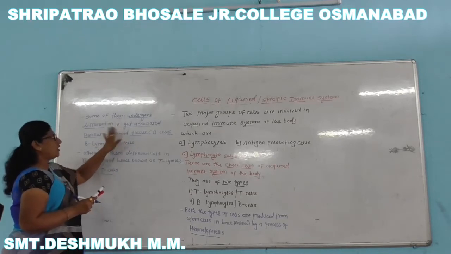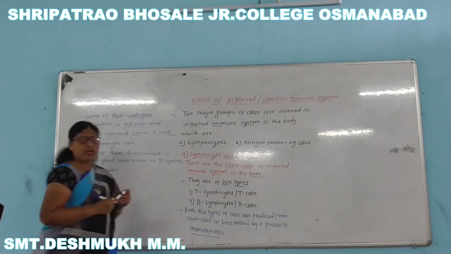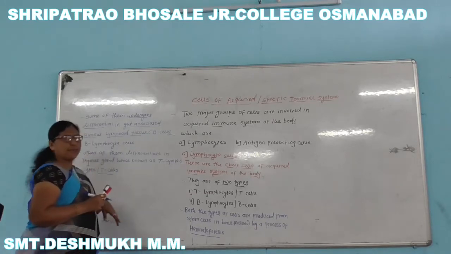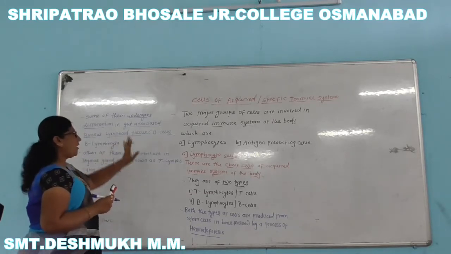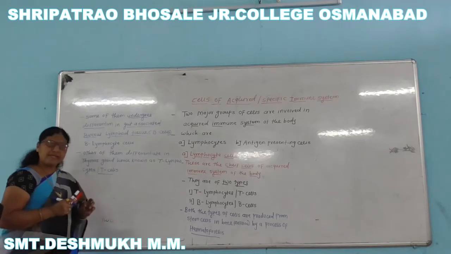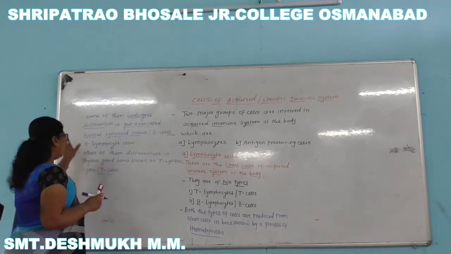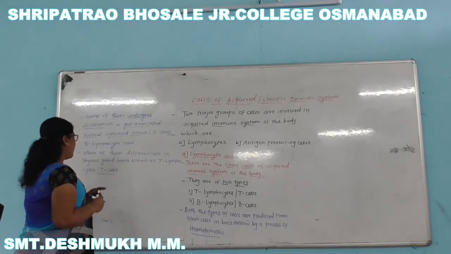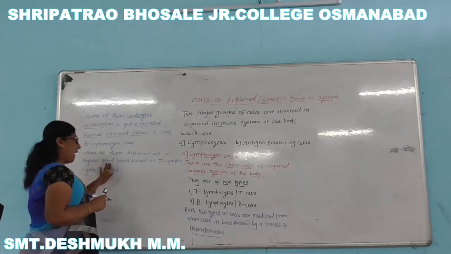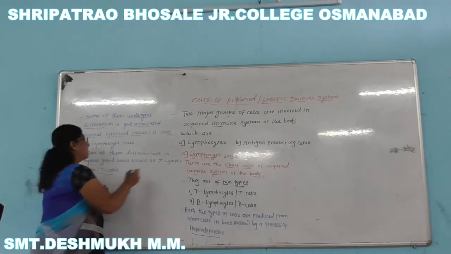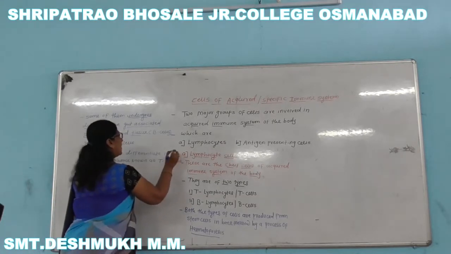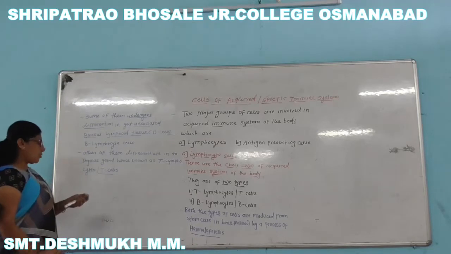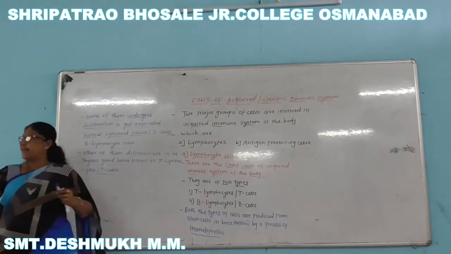Some of them undergo differentiation in the gut associated bursal lymphoid tissue, called B cells, and others differentiate in the thymus gland, hence known as T lymphocytes or T cells.